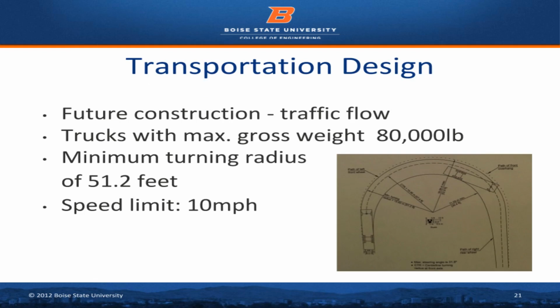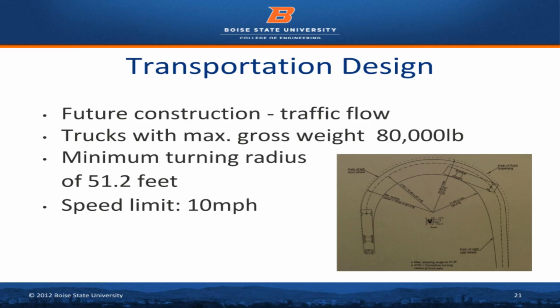The future of this work site has a traffic flow consisting of large 3-axle trucks, small trucks or vans, and regular cars. The max weight of the trucks is 80 pounds. These large vehicles require a large area for turning. In this case, the minimum radius for one to turn is 51.2 feet, which means the property must have an area that is large enough.